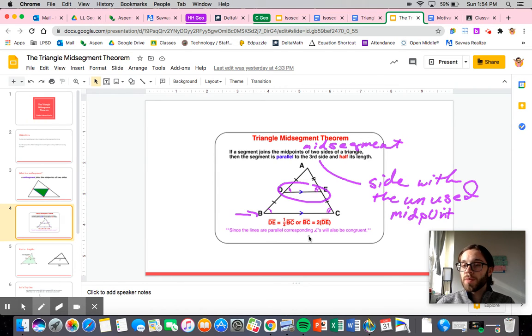The actual proof is a lot easier once we talk a lot more about dilations and things like that, so we'll save going over the rationale for now. But ultimately, we just need to know that the midsegment is half of the unused side, and that the midsegment is parallel to the unused side. Okay.